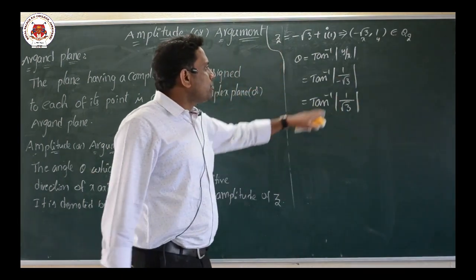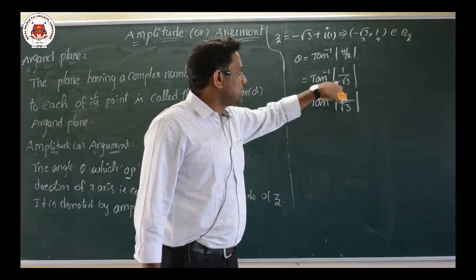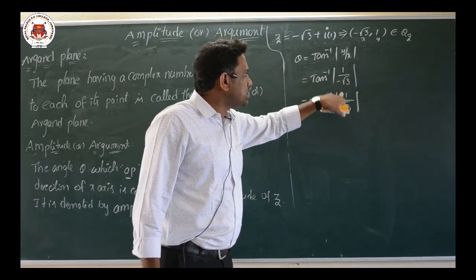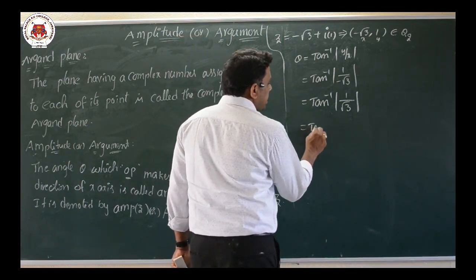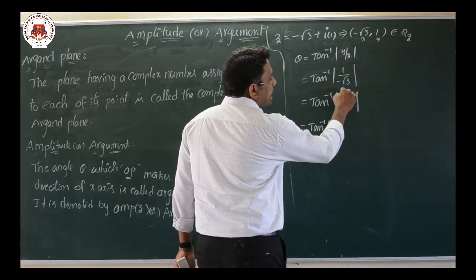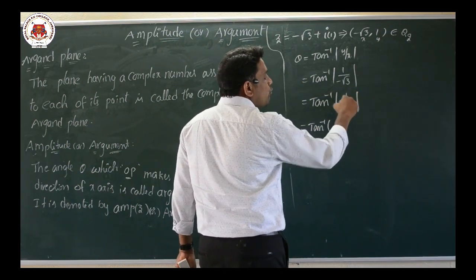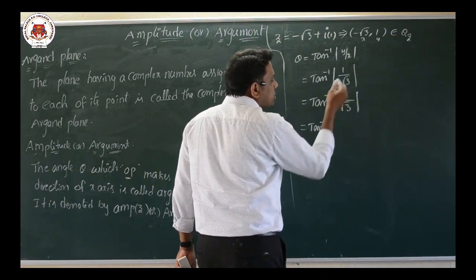Why? Because between the modulus bars, if a negative sign is there, it is converted to positive. Now you can check, students: tan inverse. What is the tan value? At what value is this tan equal to 1 by root 3?